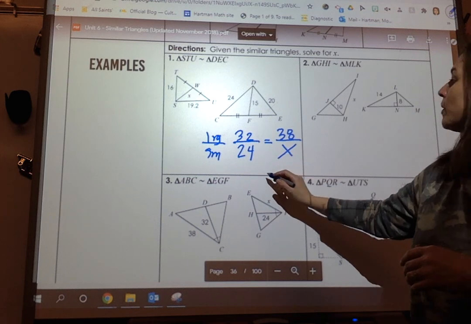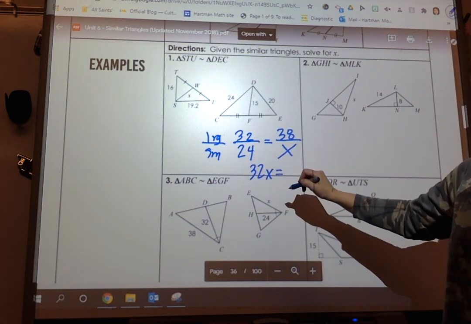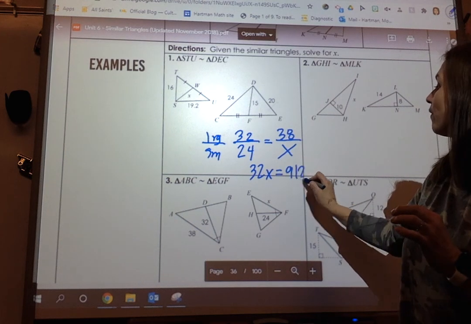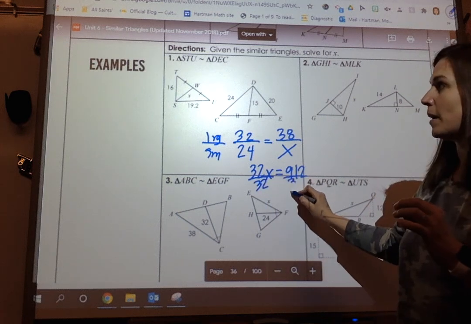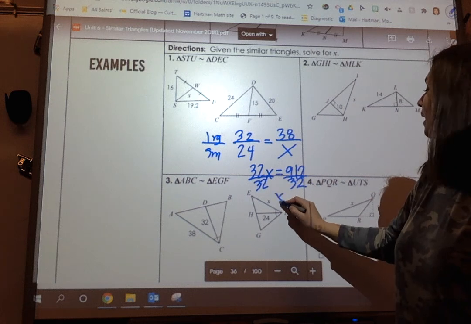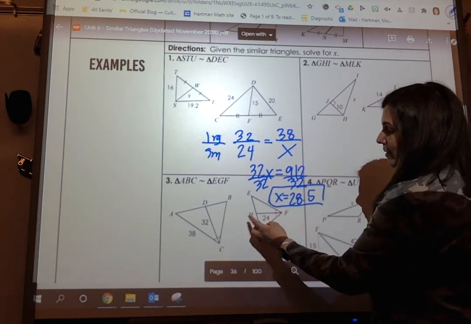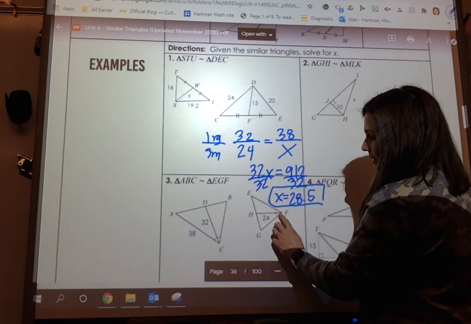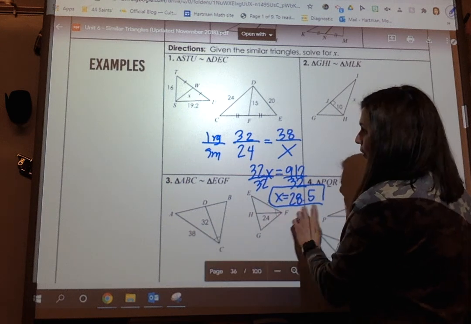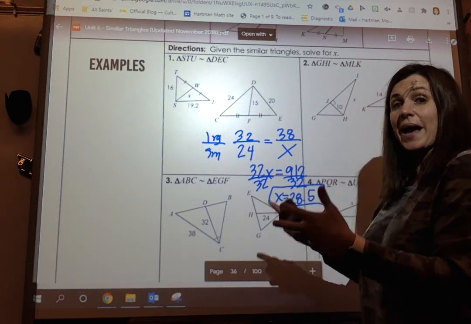When I cross multiply, I get 32X equals 38 times 24, which is 912. And then when I divide both sides by 32, I'm going to get 28.5. Okay? And you can always go back, does it make sense? Well, this guy needs to be bigger than my angle bisector, and it needs to be, of course, smaller than 38. So I can go back and quickly look at that picture to make sure it's matching my statement.